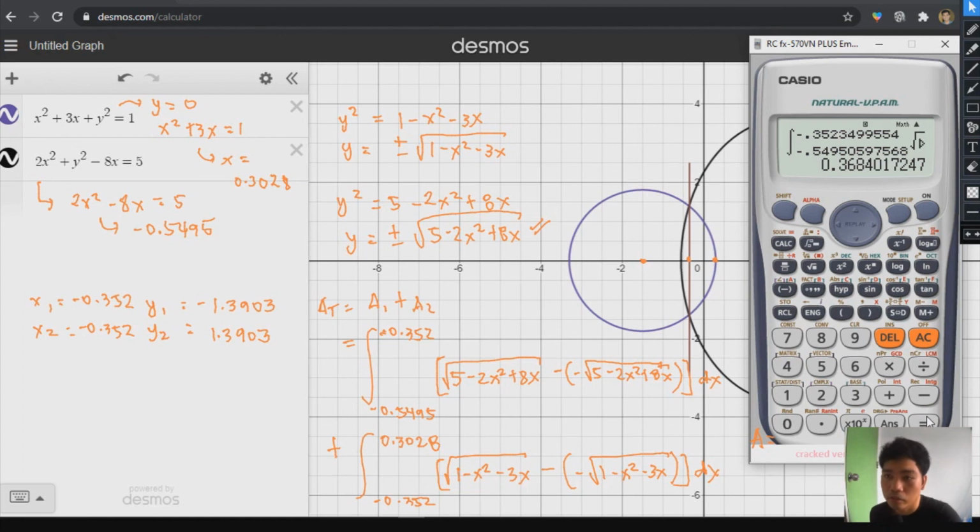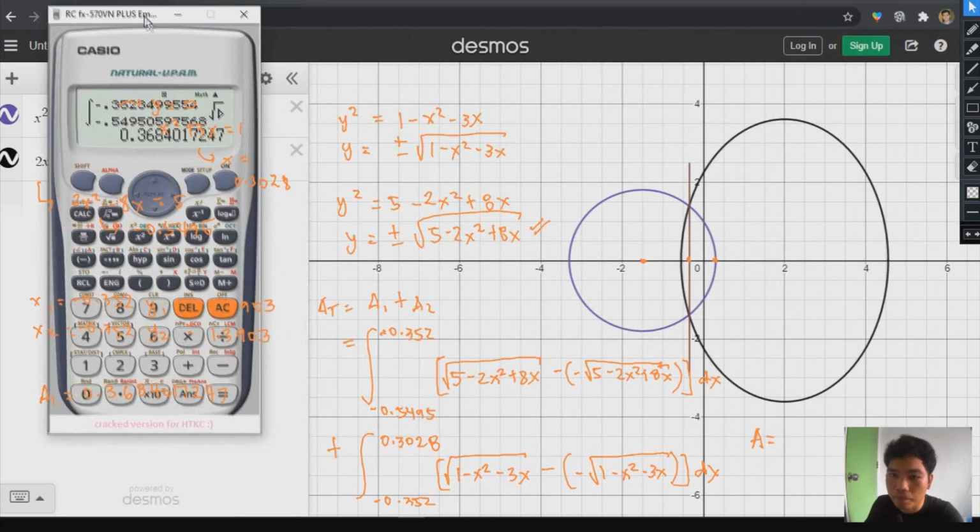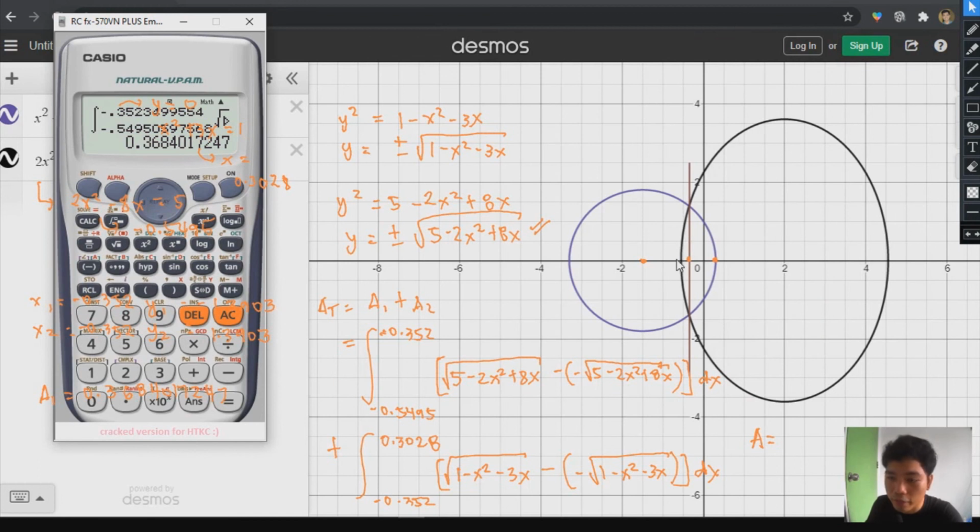So, medyo natatagalan siya. Okay, so the first area is 0.3684017. So, we could write that. That's 0.368. So, for our area 1, we have 0.368401727. And that is the area, ito yan, for the ellipse yan.